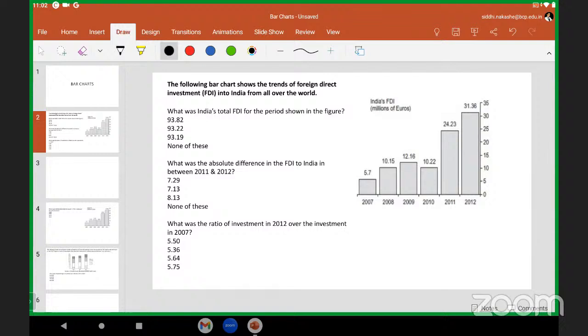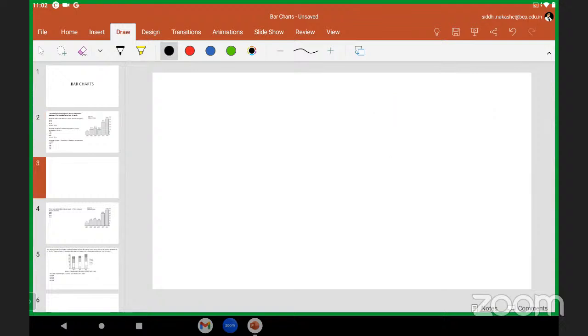So that means the total FDI flow from 2007 up till 2012. So we have to calculate the total. We'll just calculate the total over here.